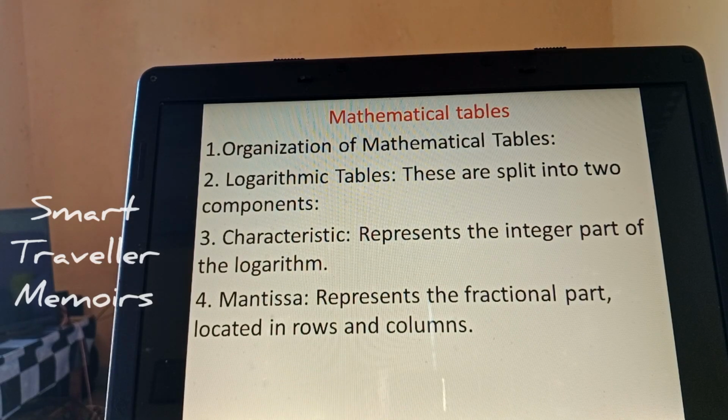Number one, we'll look at the organization of the mathematical tables. We'll look at the logarithm tables, which are split into two components: characteristic, representing the integer part of the logarithm, and mantissa, which represents the fractional part located in rows and columns.